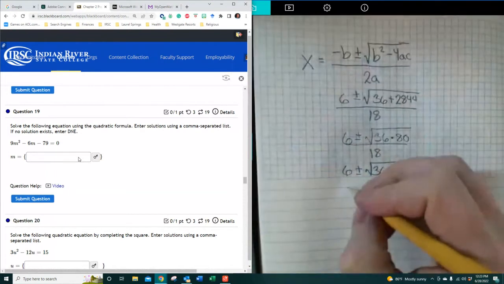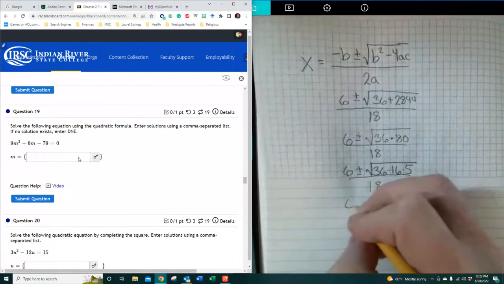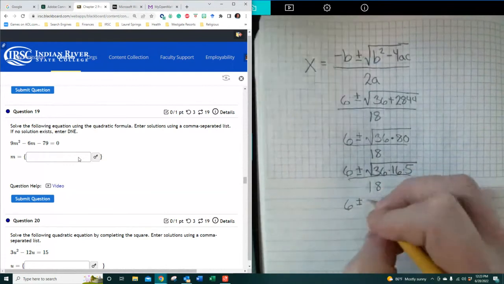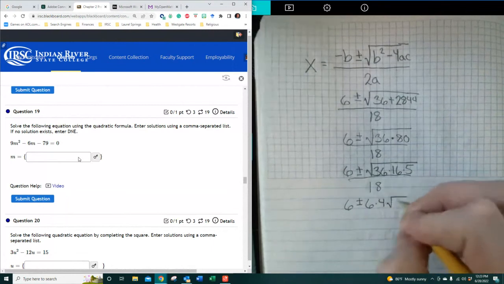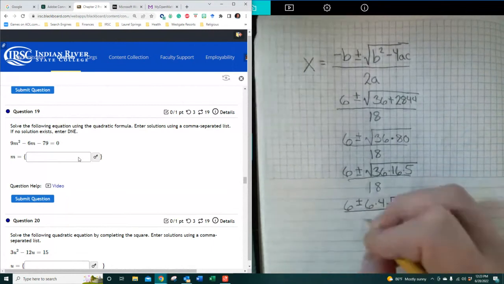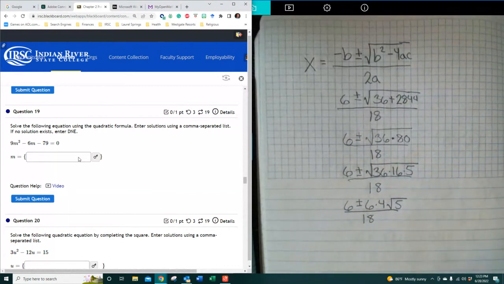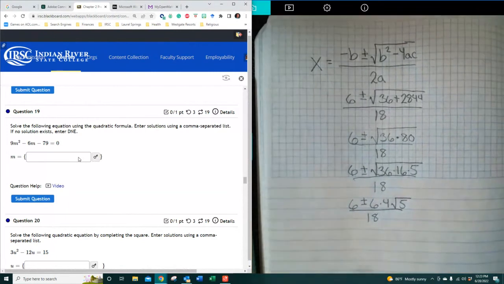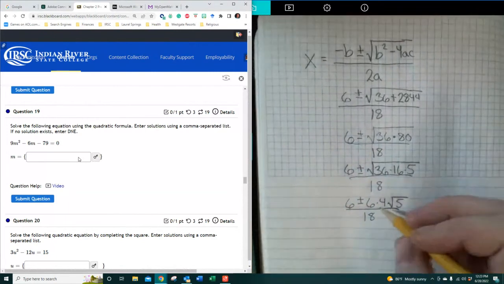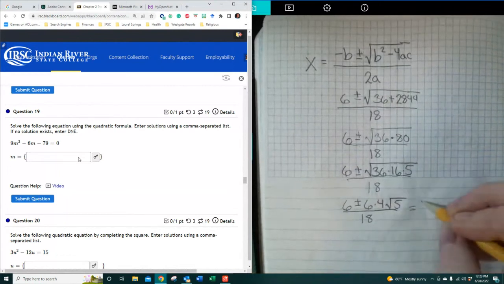The way we found it was no problem, because now all we're doing is pulling that out as 6 times 4, radical 5. See, I don't know why people get so bent about radicals. As long as you take your time and find your perfect squares, it's not that big of a deal. So now we're looking at this as 4 times 6 is 24.